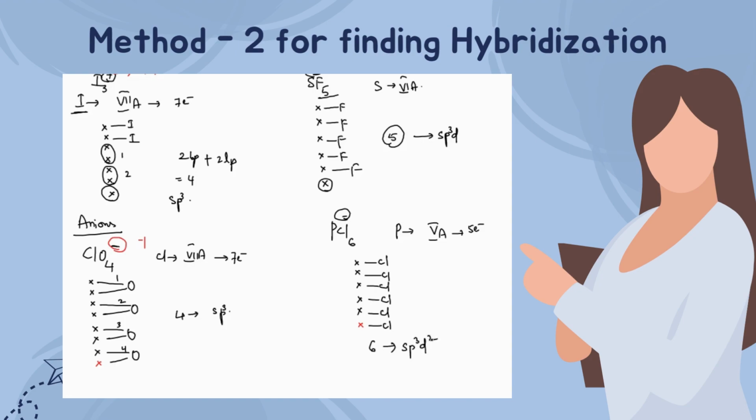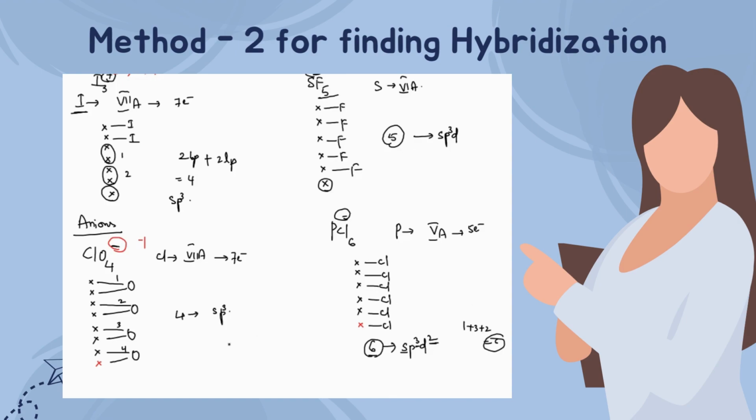sp3d2. How can you relate this number to sp3d2 or sp3 or sp2? You have to count the number of orbitals present here. When I write the number 6, there is 1s, 3p, d2. Add up the numbers 1 plus 3 plus 2, which is equal to 6.